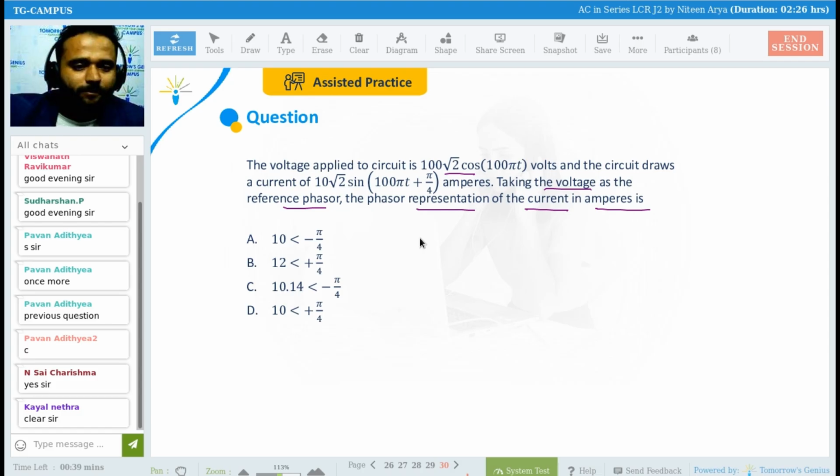Clear? Do that, or should I explain it? If you don't know anything, tell me right now so I can explain, and then you can do the next question. The next question is an easy one, but again you need to draw the phasor diagram there also.